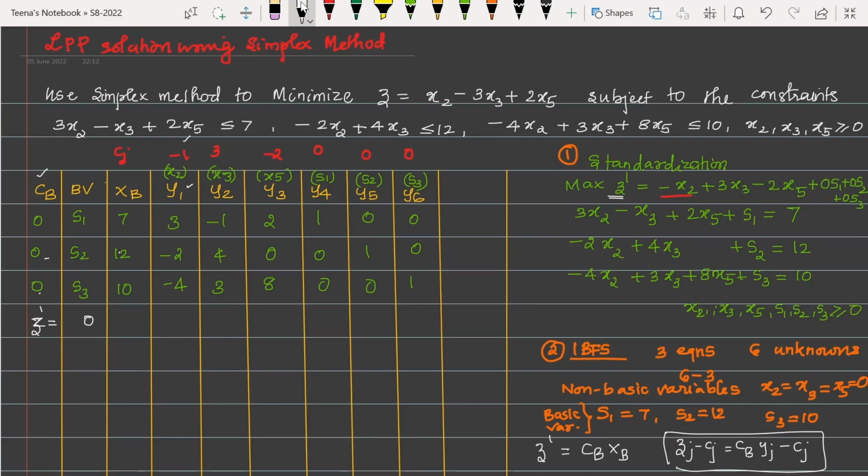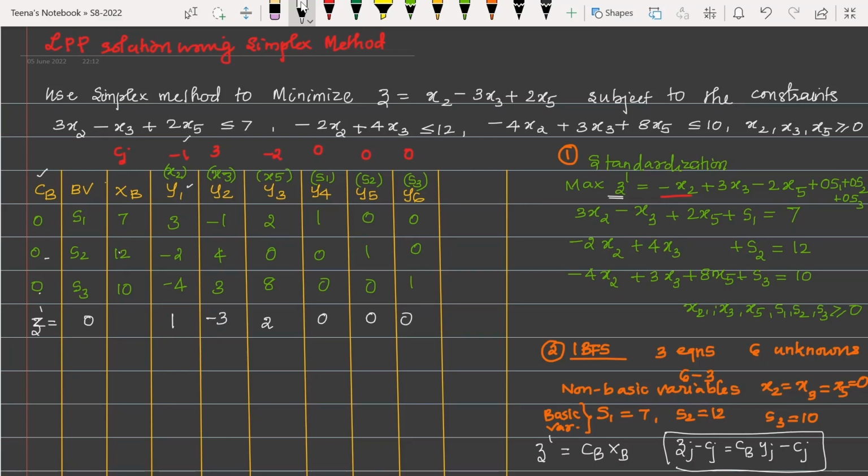In the first iteration the net evaluations will be simply the negative of the cost values, because the costs corresponding to the basic variables are all equal to 0. So the net evaluation is simply the negative of the cost values. So 2, then 0, 0, 0.